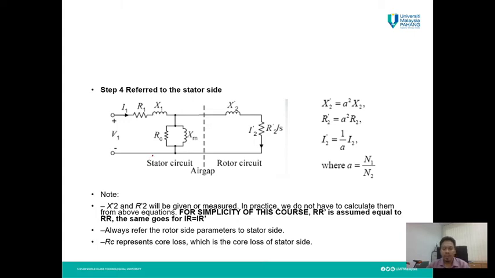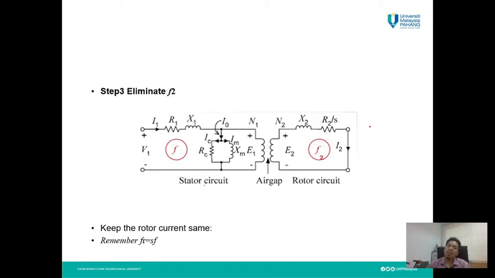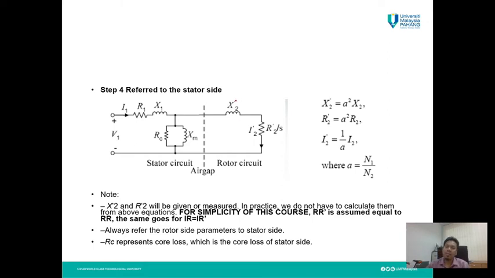In the transformer, we refer to the primary, so all the secondary side is moved to the primary side. It is the same in the induction machine: all the elements at the rotor move to the stator. That is why we have X2 prime, I2 prime and R2 prime.